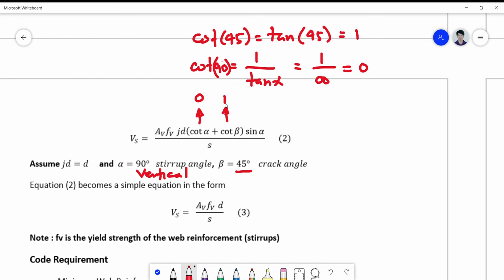Okay, and the sine of alpha, sine of 90, is also equal to 1.